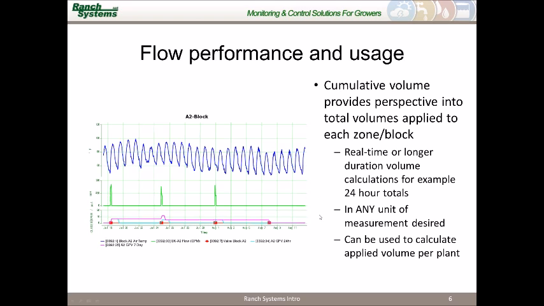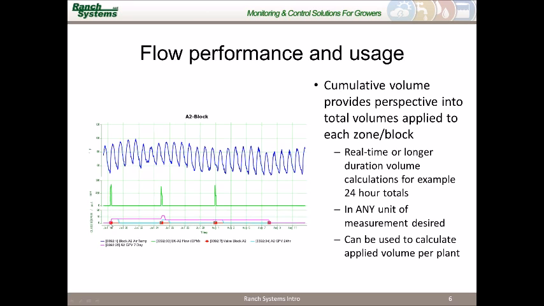That can either be by actually counting every single pulse or by just simply measuring it in an averaging function. And so by doing this, we can see here the green spikes. These are gallons per minute spikes. And you can see it's around 275 gallons per minute to about 250 gallons per minute.